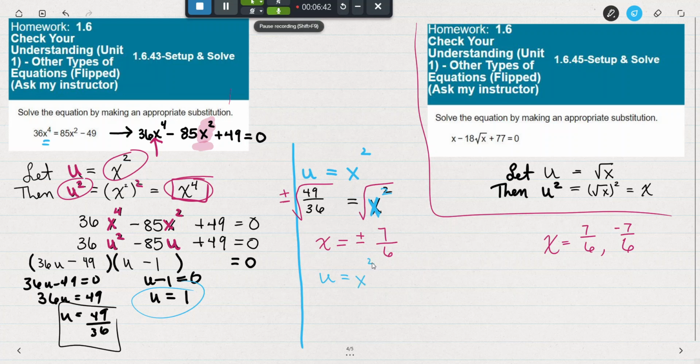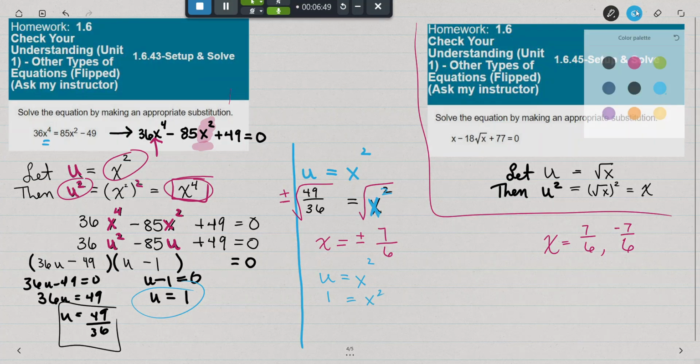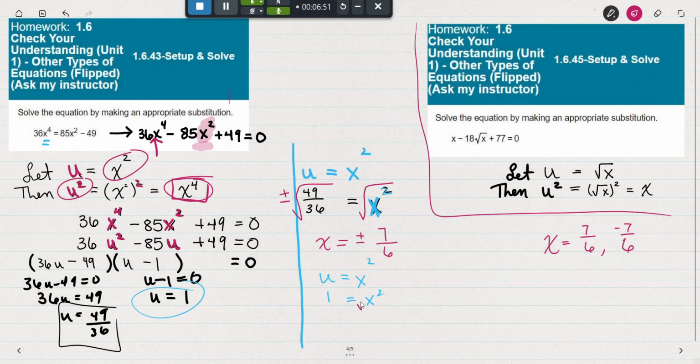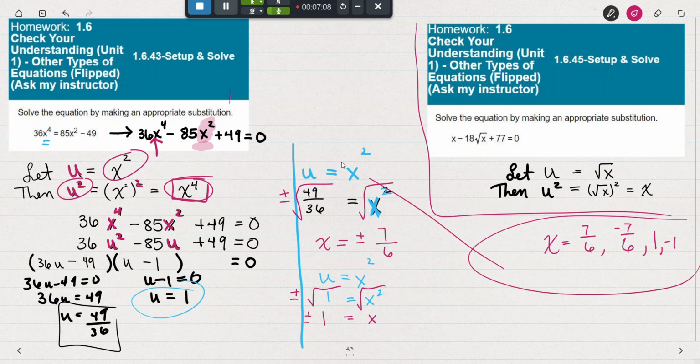So going back again to the substitution, if u is equal to x squared and u is 1, then when I have 1 equals x squared, I could take the square root of x squared to get x. Square root of 1, but don't forget to use the plus or minus, the positive or negative 1. So I get that x is 1 or negative 1. So there's the full result for this example.